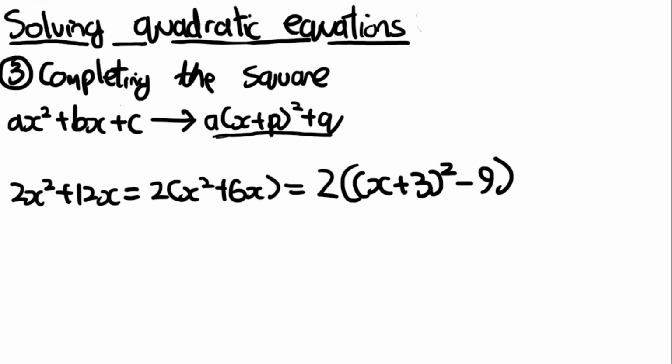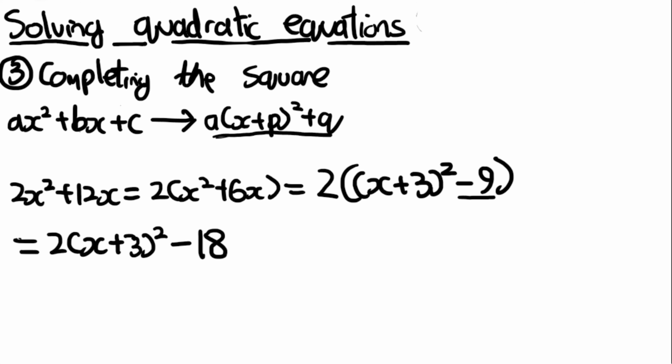And this is very important because this minus 9 is going to be affected, because if we expand this, we're going to get 2(x plus 3) squared minus 18, because we've taken the minus 9 out of the bracket and timesed it by the 2.